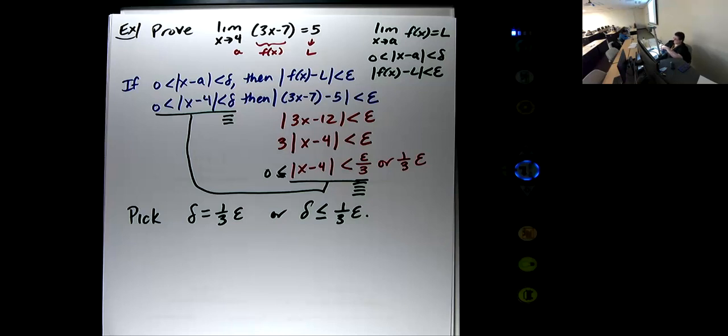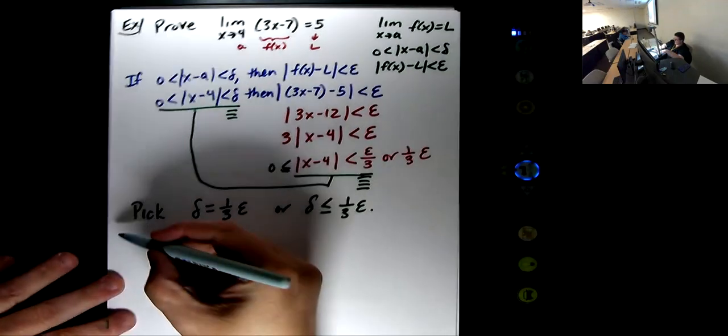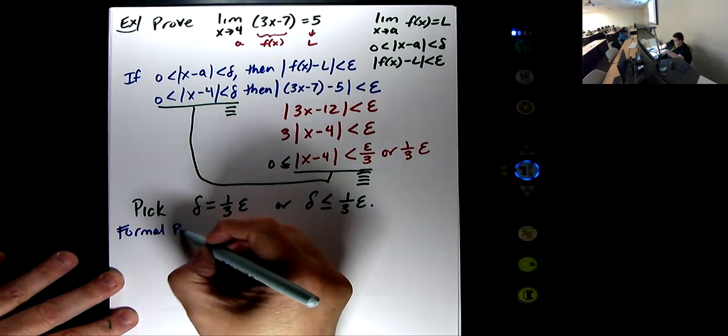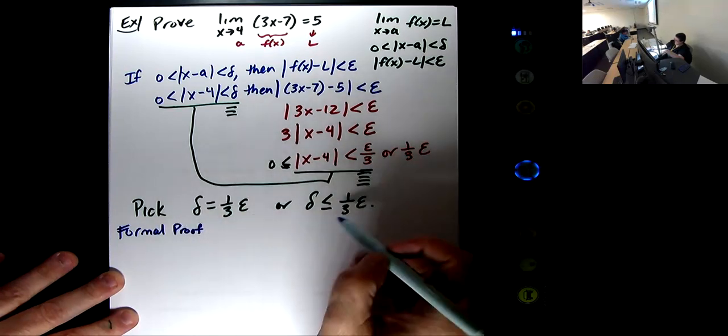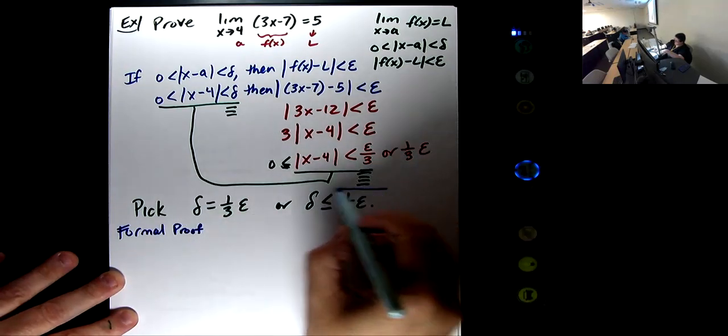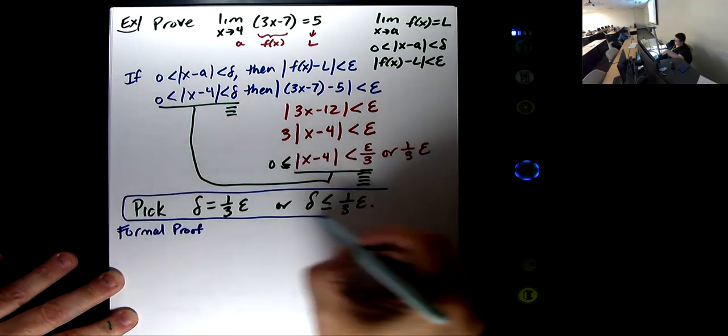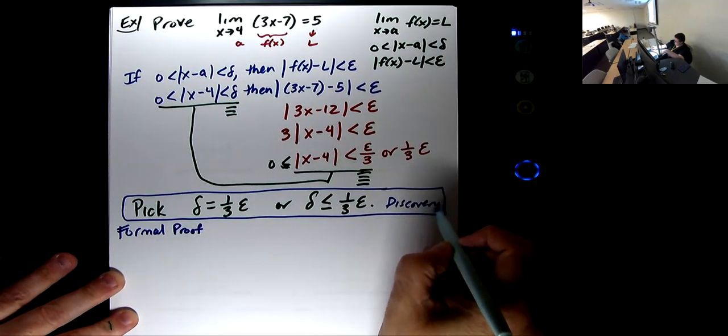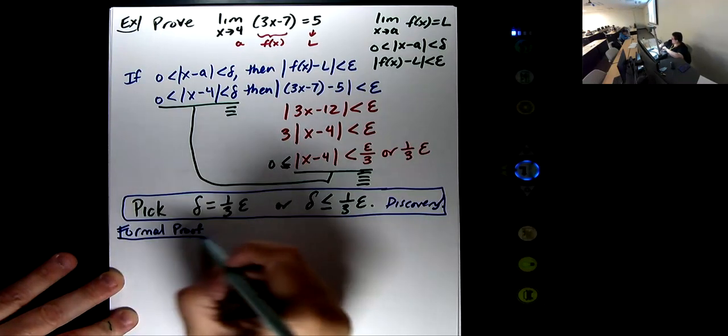So our formal proof, we start back at the beginning. That's what we were discovering. This was our discovery result. So our formal proof.